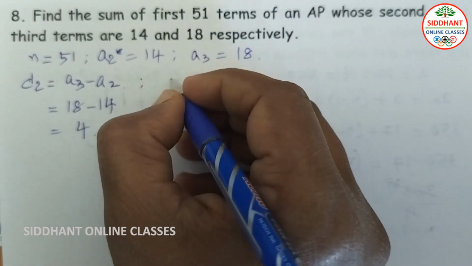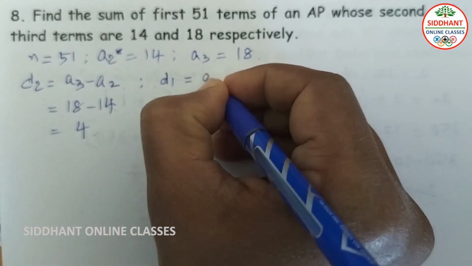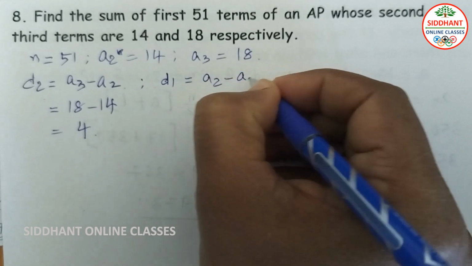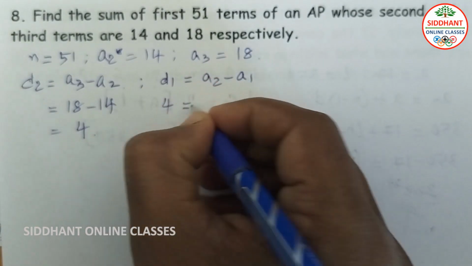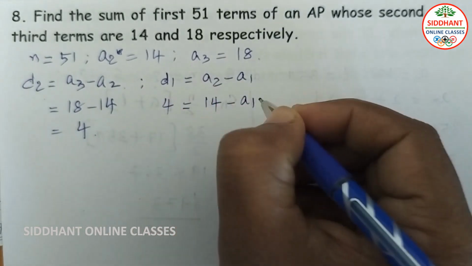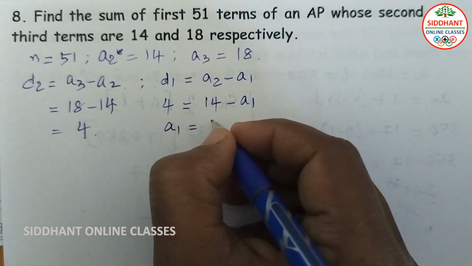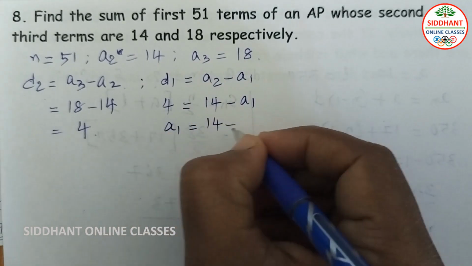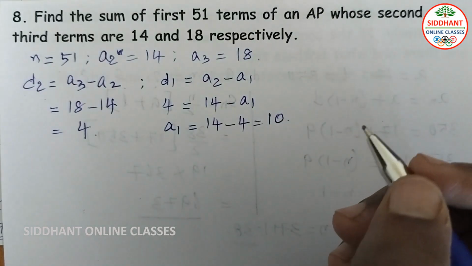So now we got difference d here. Now we can also find a1. Suppose difference d1, first one, it will be d1 equal to a2 minus a1. So difference is common here, so that will be 4, and a2 is given which is 14, and we are going to find out a1. So a1 is equal to 14 minus 4, so that equal to 10 here.